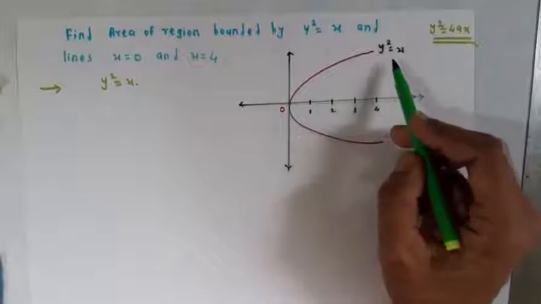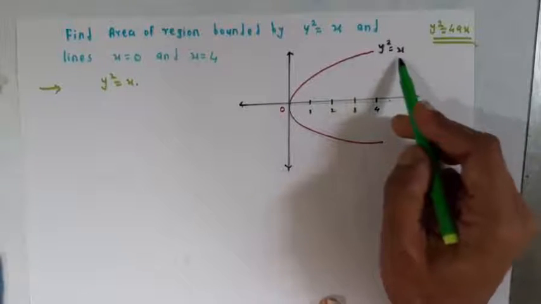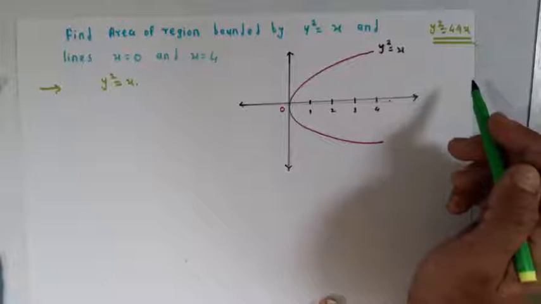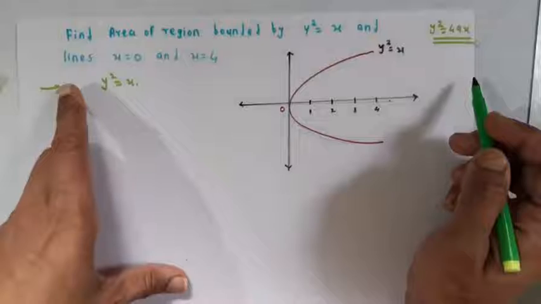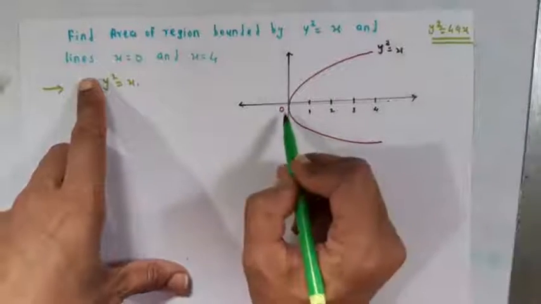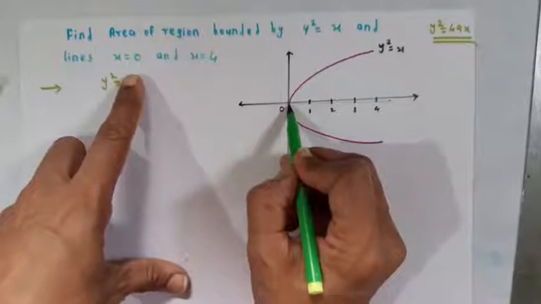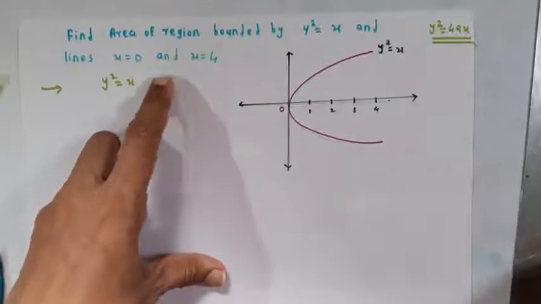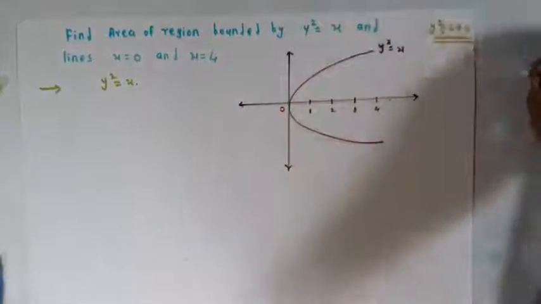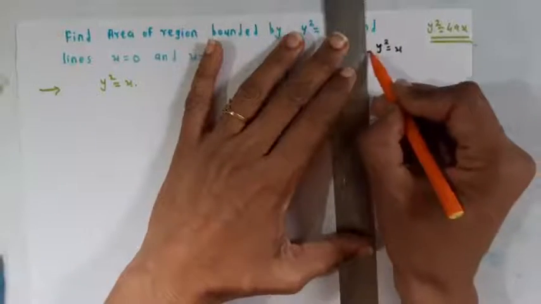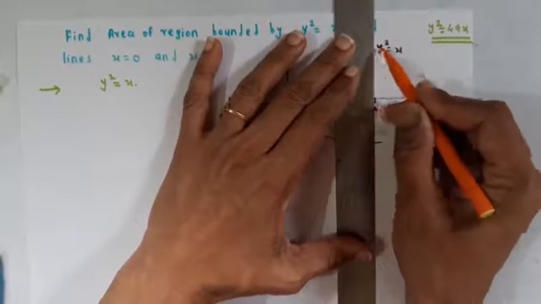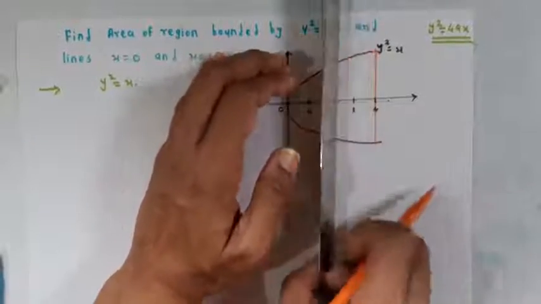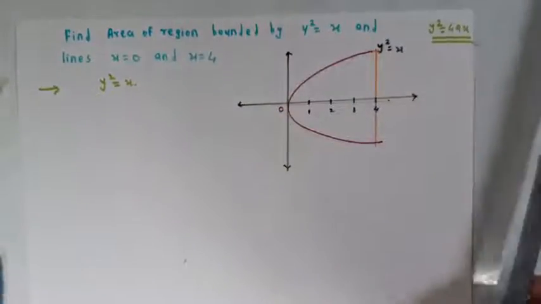So we have drawn the parabola, that is y square equal to x. Okay, this is the parabola, and the line x equal to 0 and x equal to 4. X equal to 4 means this line. Okay, this line x equal to 4.